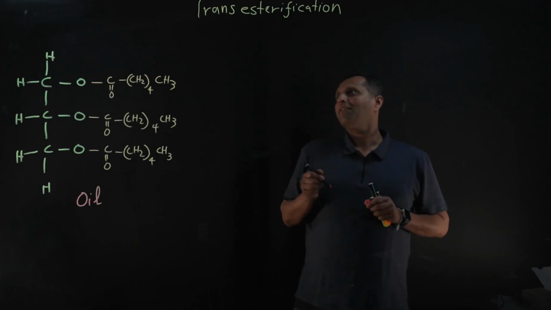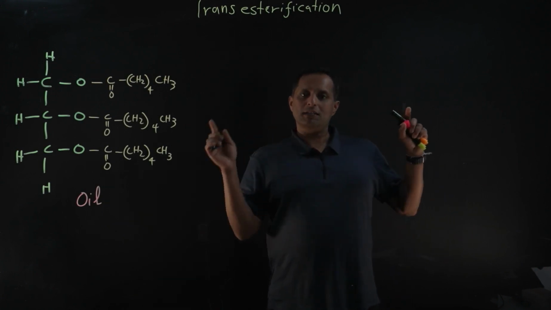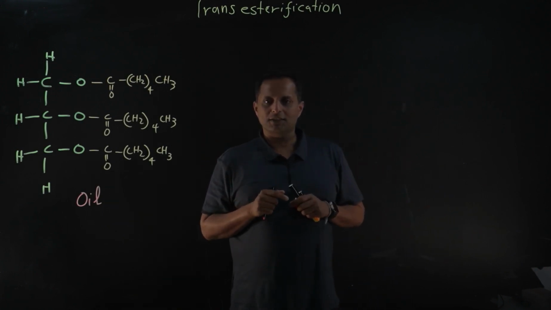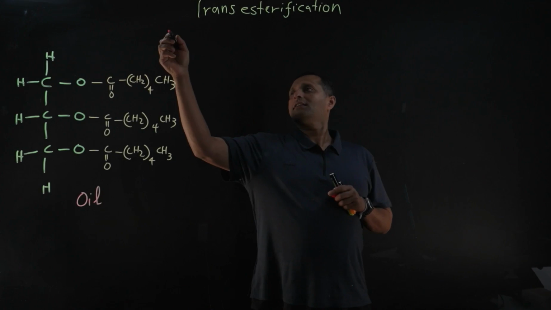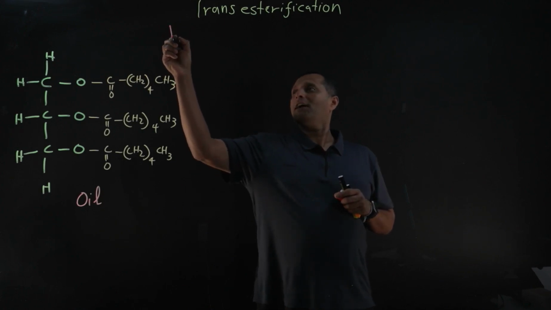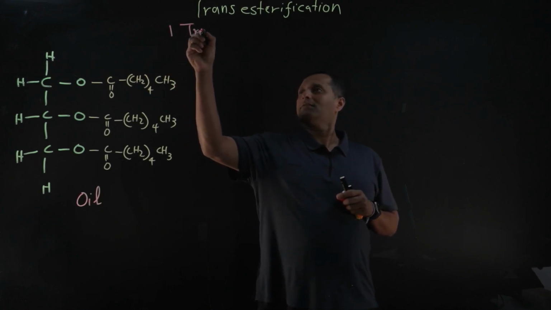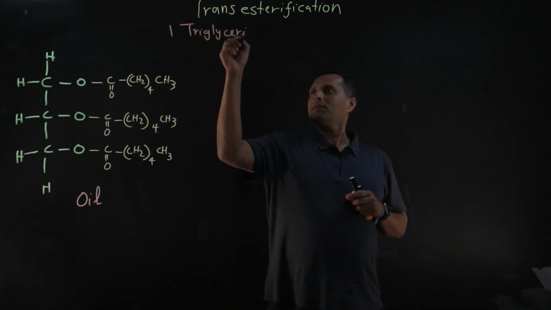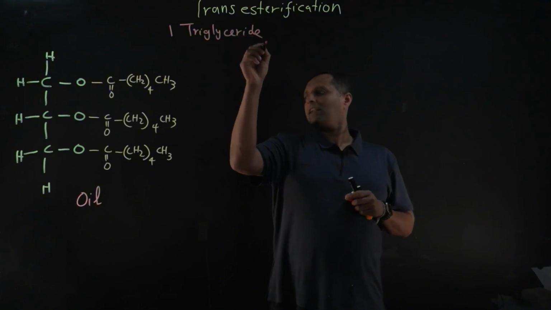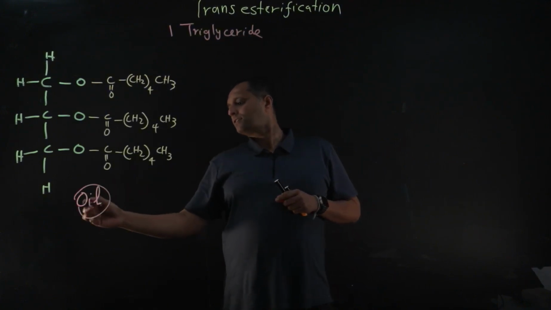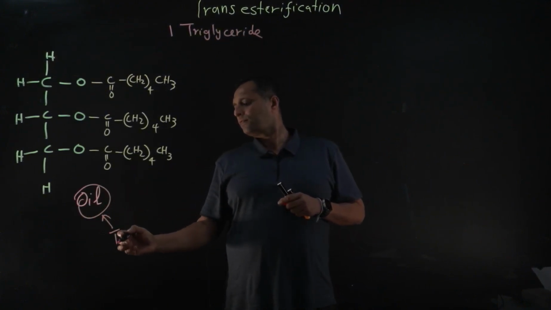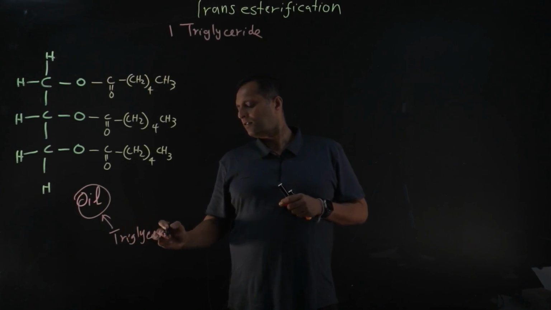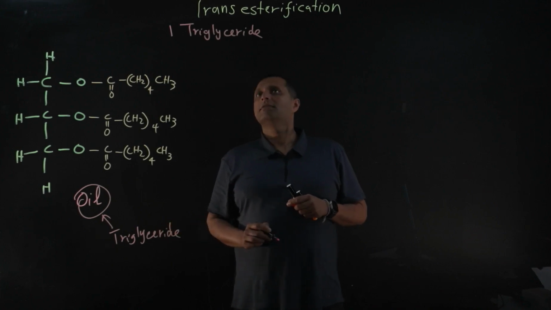Anyhow, if you can remember the word equation for the transesterification, we have to start with 1 triglyceride. What's a triglyceride? Which is oil. So oil is a triglyceride, okay? So we are going to start with oil.